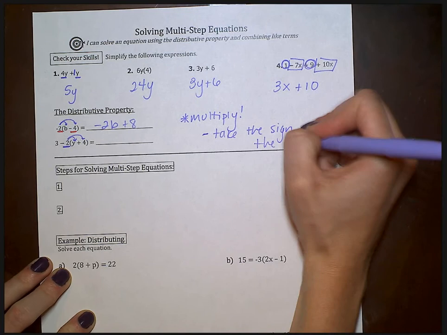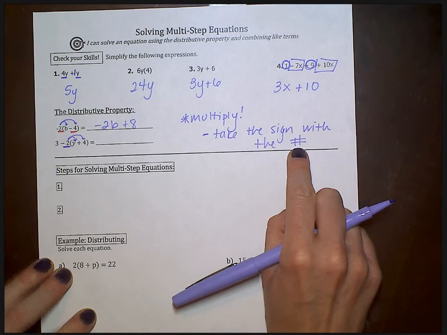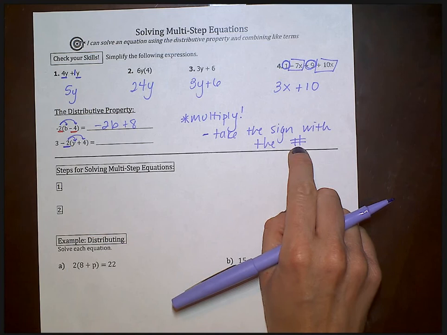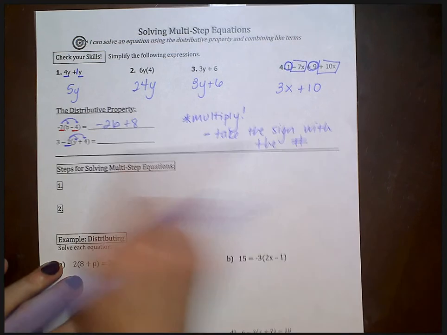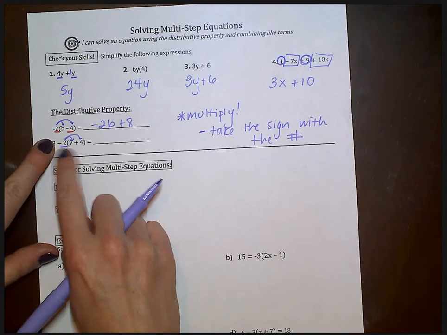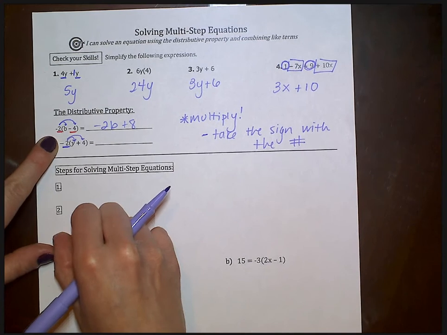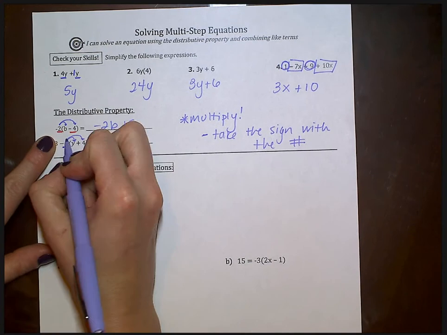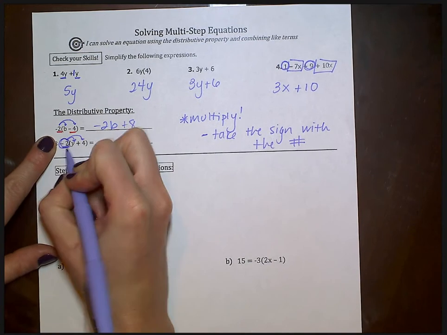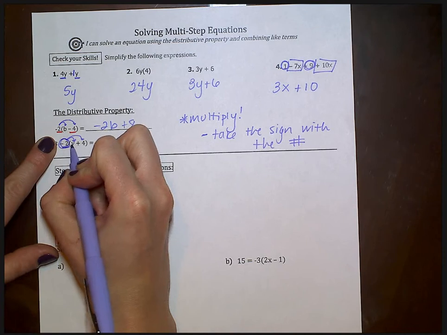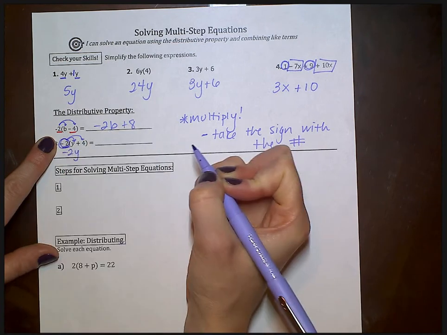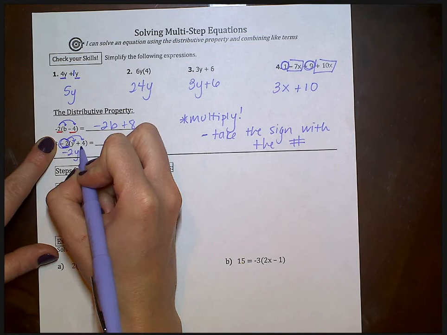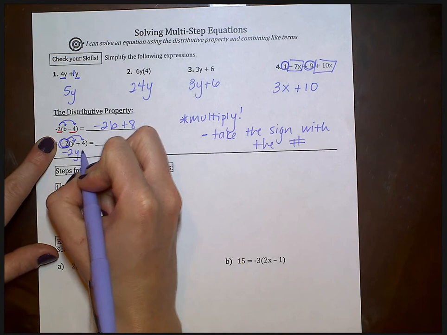What I mean by that is this is a negative 2. That negative is with the 2. So when I distribute, I have to take the negative with it, and I do negative 2 times y, which is negative 2y. And then negative 2 times positive 4 is negative 8.